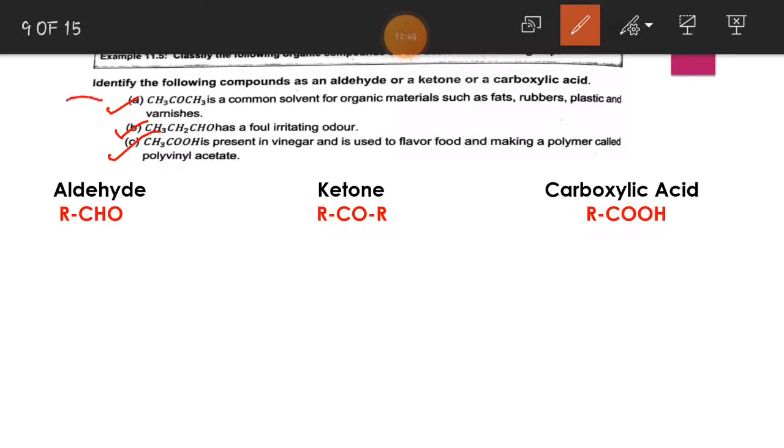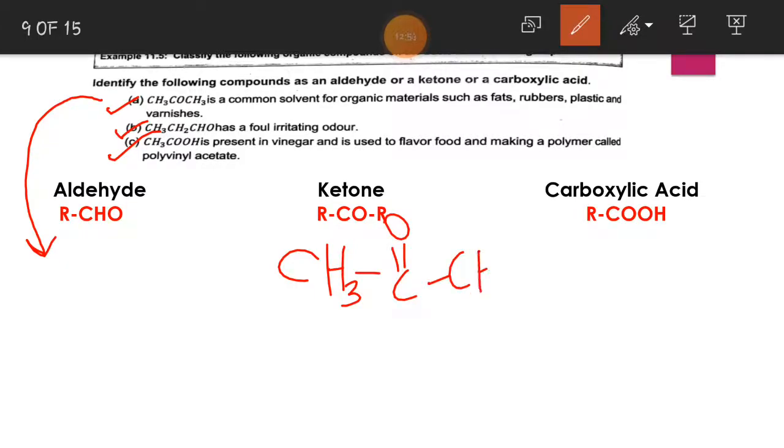For example, this one, CH3COCH3, is a ketone. This compound, CH3CH2CHO, this one is an aldehyde.